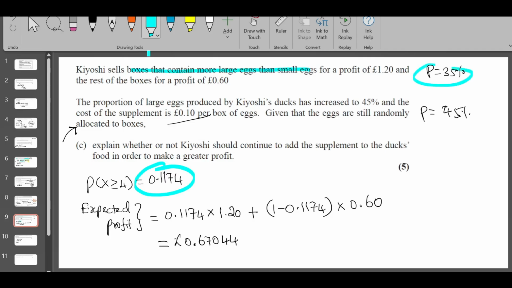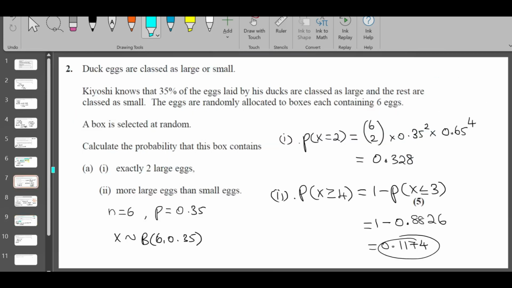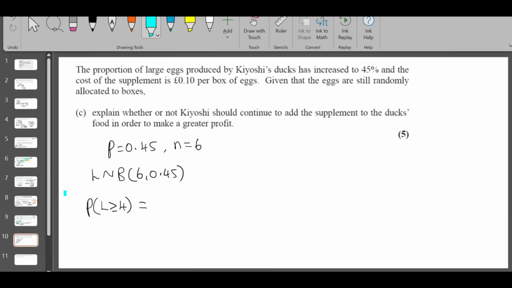So we use the same approach as in part A. From part A there are 35% and 6 eggs, so we used P as 35%, right? But now in the question the P has changed to 45%, so we need to calculate this again before finding the expected profit.